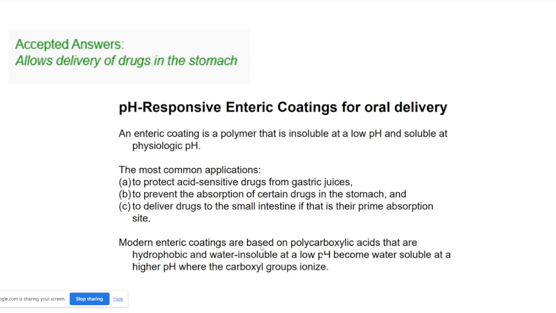Modern enteric coatings are based on polycarboxylic acids that are hydrophobic and water insoluble at low pH and become water soluble at higher pH. So "allows delivery of drugs in the stomach" is the correct option.